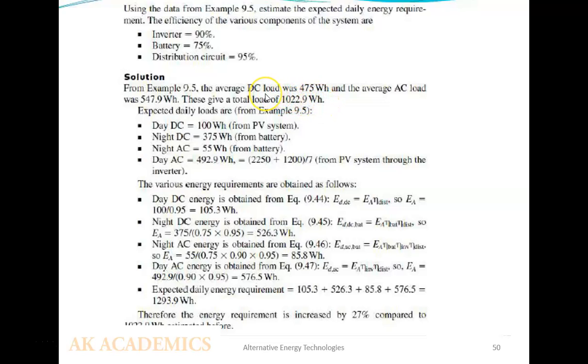And then when we decided to consider the use of the inverter, the battery, the distribution circuit and the efficiencies, we became more specific about the requirement for each load, and we were able to obtain 1293.9. This is higher by 27% compared to the first calculation.